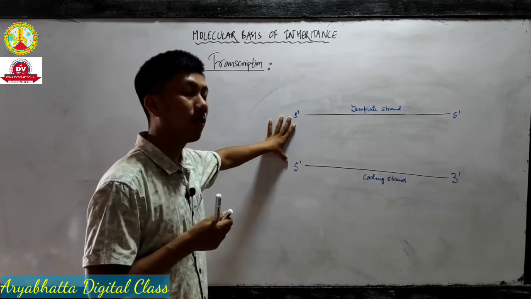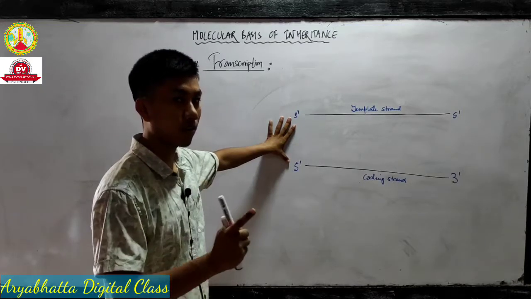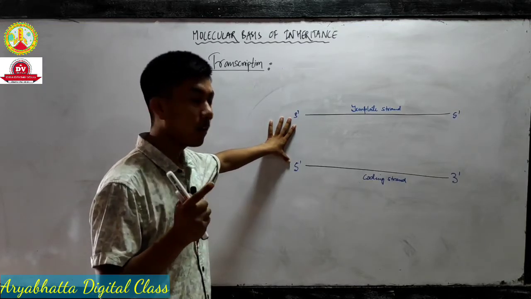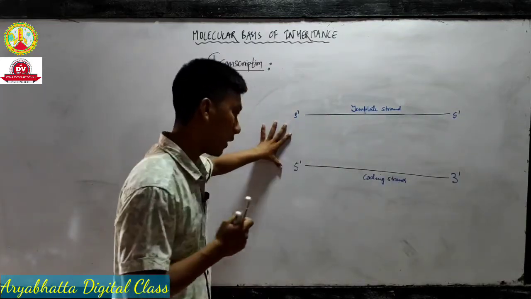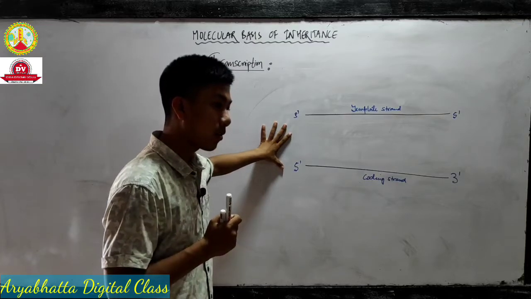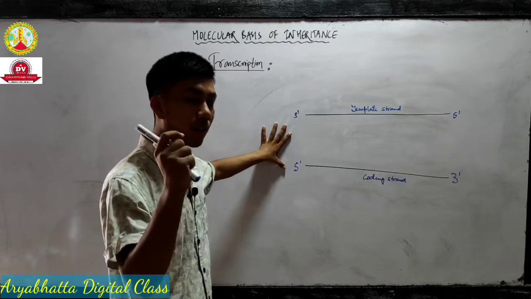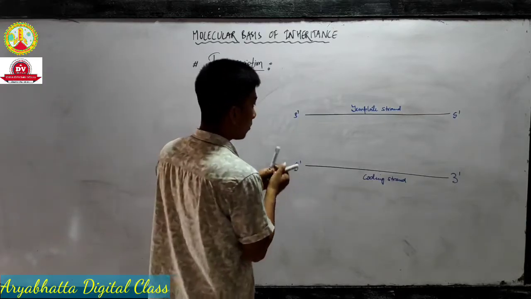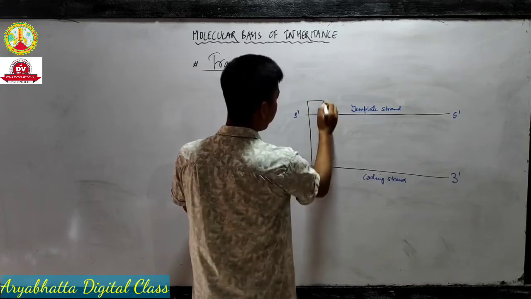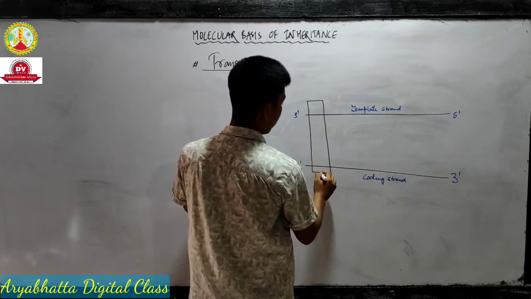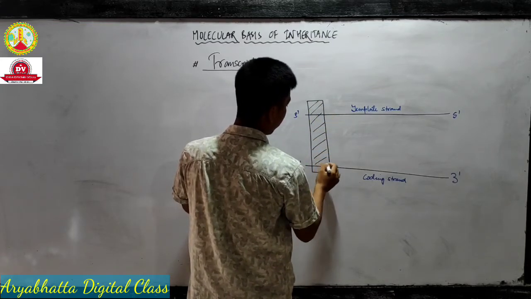We are drawing a straight line, but the actual structure is in coil form, and in between the coil, the mRNA is going to form. But for our purposes, we draw it this way. So first the mRNA comes and binds with some specific nucleotide sequences. I'm going to draw those nucleotide sequences like this. Suppose this is some nucleotide sequence.